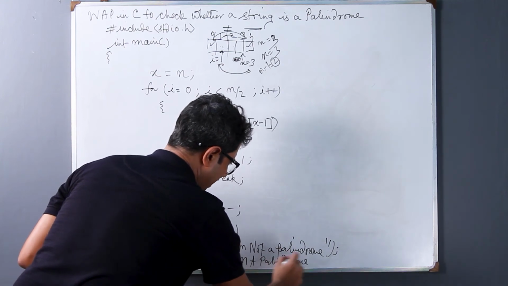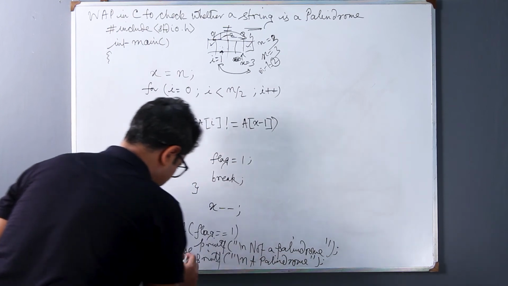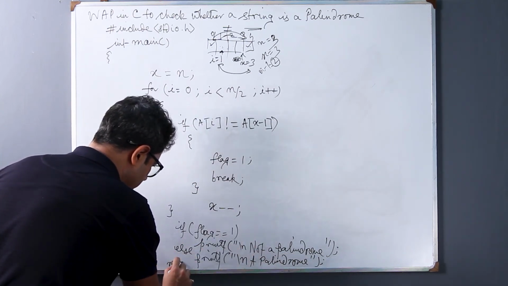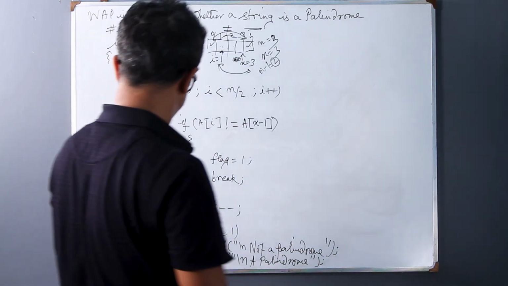So, if the flag remains 0, it will definitely be a palindrome, and if the flag becomes 1, it is not a palindrome. So, we write return 0 and come to the closing brace of the main section.